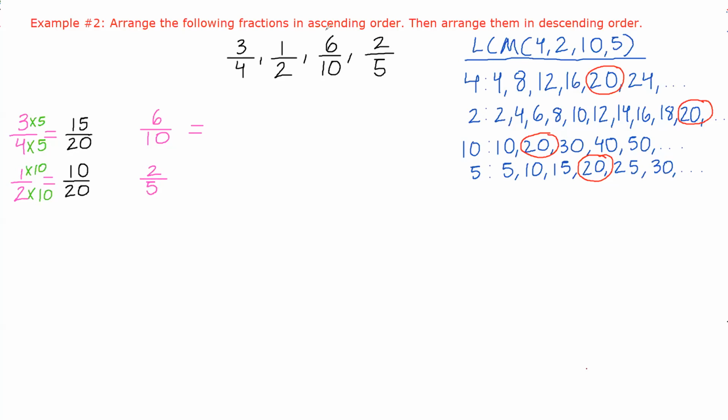What are we going to multiply by 10 to get 20? 2. And what are we going to multiply to the top? 2 as well. What times 5 gives me 20? 4. And what are we going to do with the 2? Times it by 4, because whatever we do to the bottom, we must do to the top, right? Yes, sir. Good.